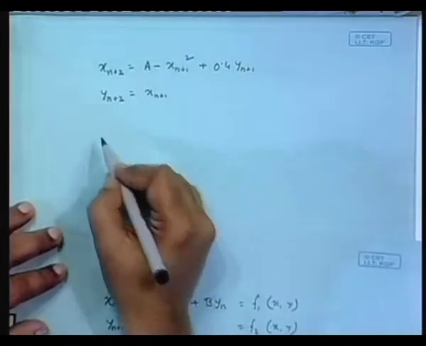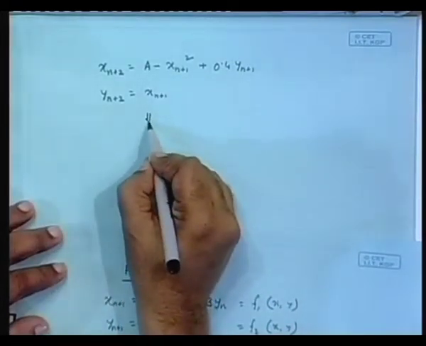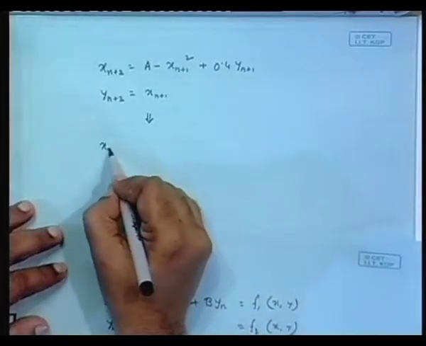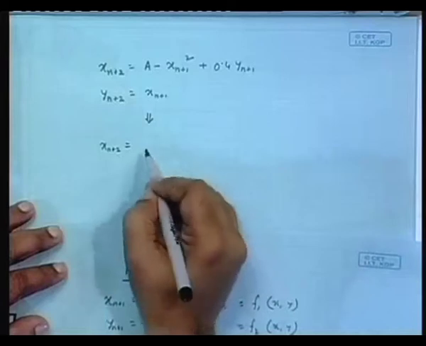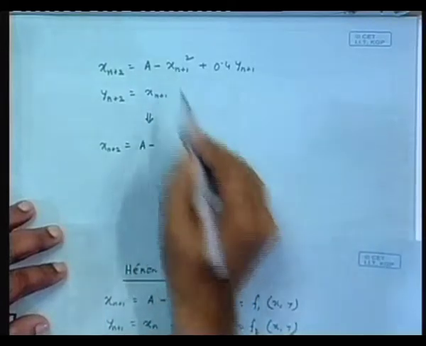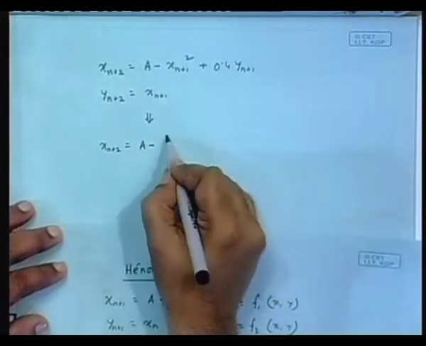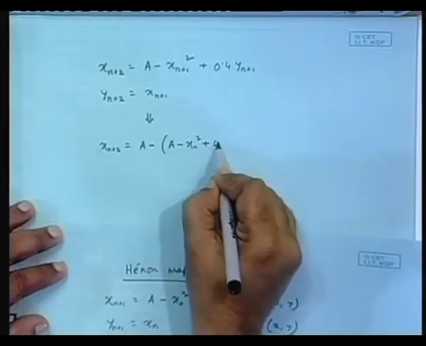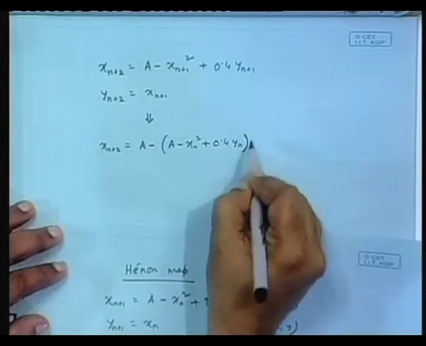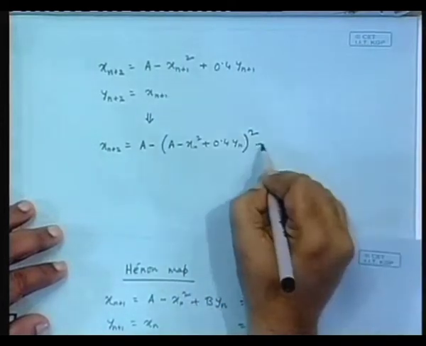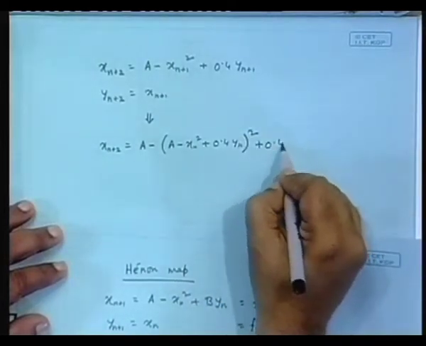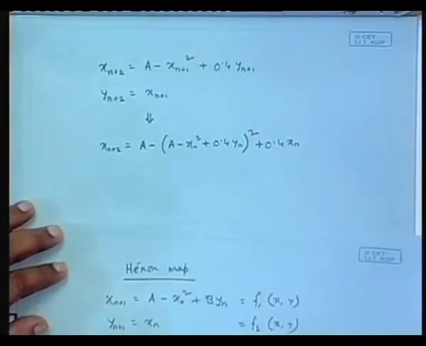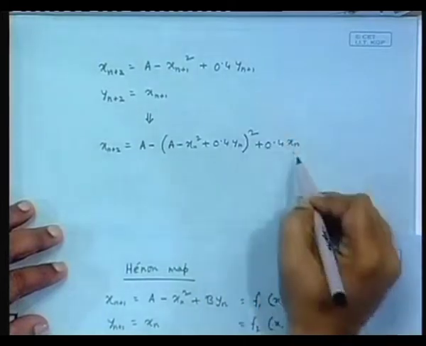In the next step, substitute x n plus 1, y n plus 1 here. X n plus 2 is equal to a minus what square? This fellow square. A minus x n square plus 0.4 y n whole square plus 0.4 x n. Y n plus 1 is equal to 0.4 x n.